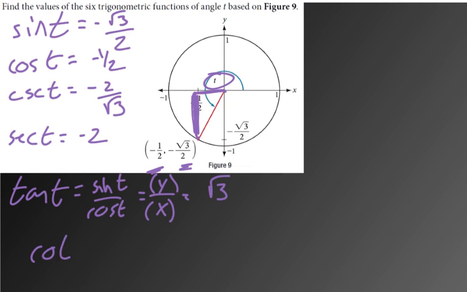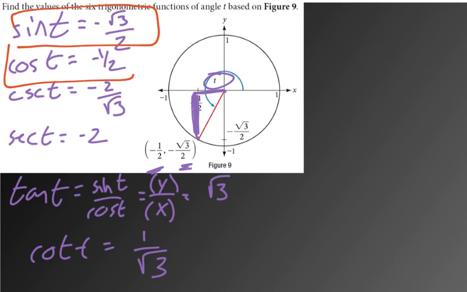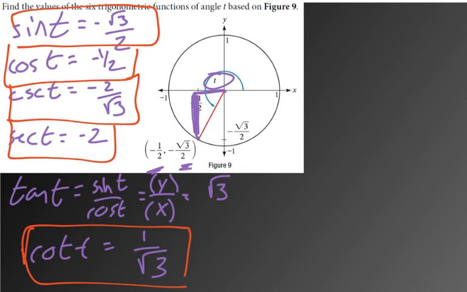And then cotangent of t would just be the reciprocal of that, which is 1/√3. So it seems like maybe at first there's a ton to do, but really a lot of this is pretty quick. Every time you get one of them, like sine, you also get cosecant, because you just got to remember which one it's reciprocal to, and then you flip it around like that.